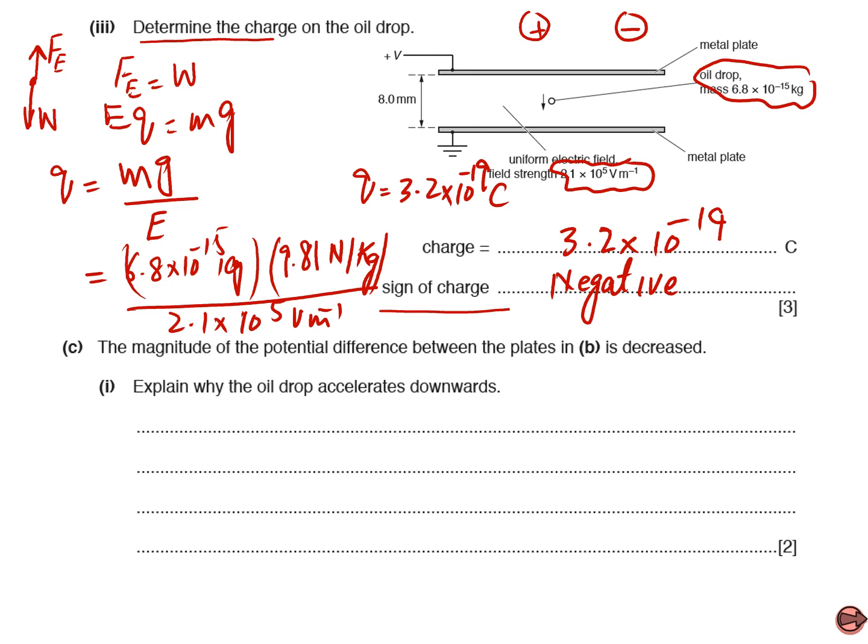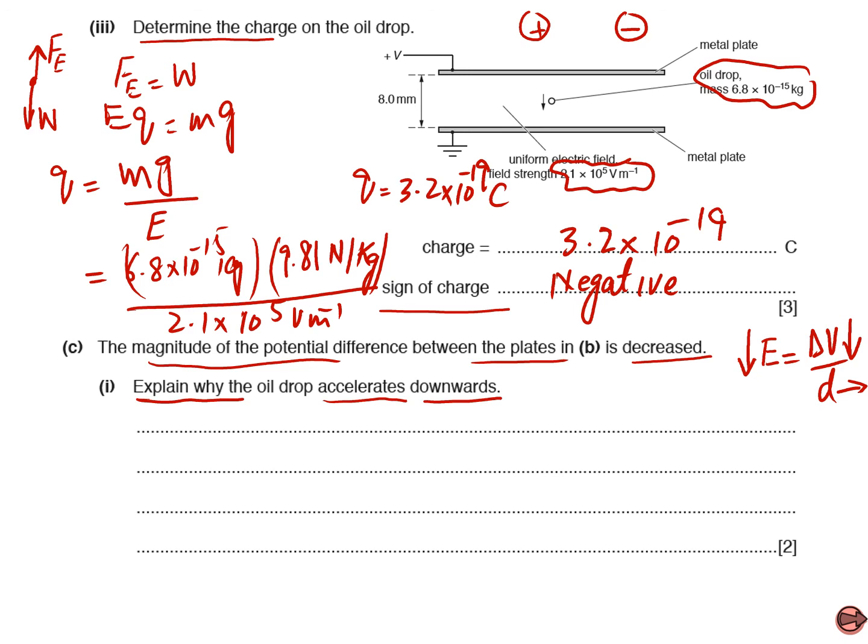Now the next question is asking you to explain why the oil drop accelerates downwards. First of all, it is given to us that the magnitude of the potential difference between the plates decreased. So we need to understand that the electric field E is equal to delta V over d. If delta V decreases, E has to decrease if we keep d the same.